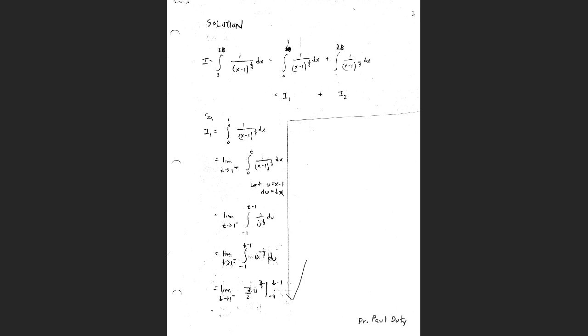I mean, I am computing a limit. So let me keep the limit where it should be until I'm ready to compute the limit. And I'm not ready yet. I have to substitute t minus 1 and negative 1 into the antiderivative here, into the 3/2 u to the 2/3.